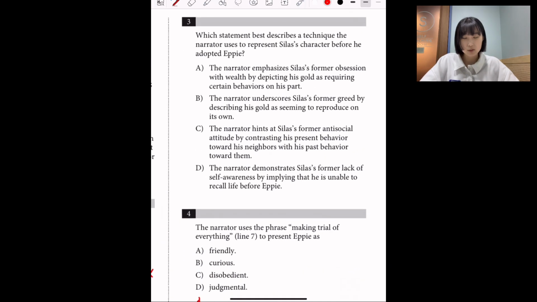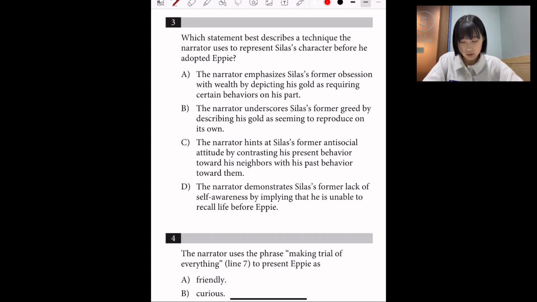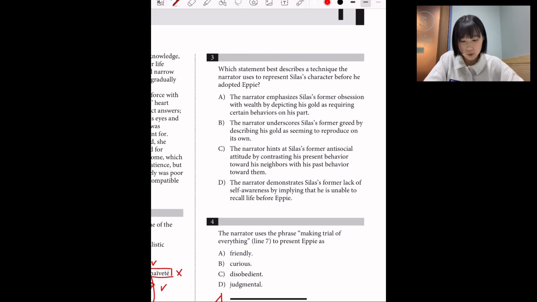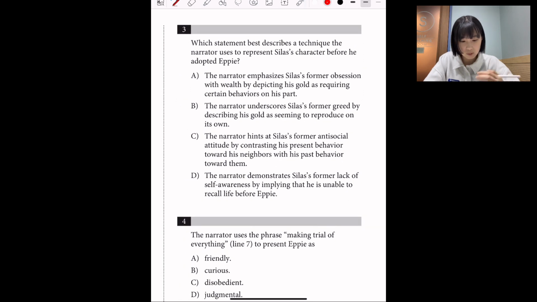Because the video has a time limit, for number 3: which statement best describes the technique the narrator uses to represent Silas's character before he adopted Epi? Now here we're going to look at the choices. A, the narrator emphasizes Silas's former obsession with wealth by depicting his gold as requiring certain behaviors on his part.